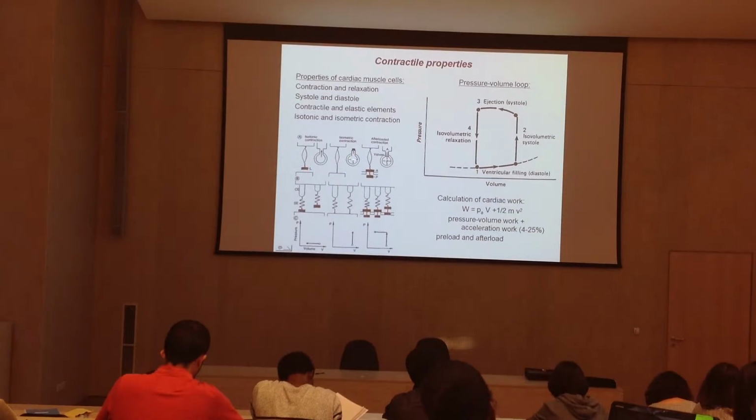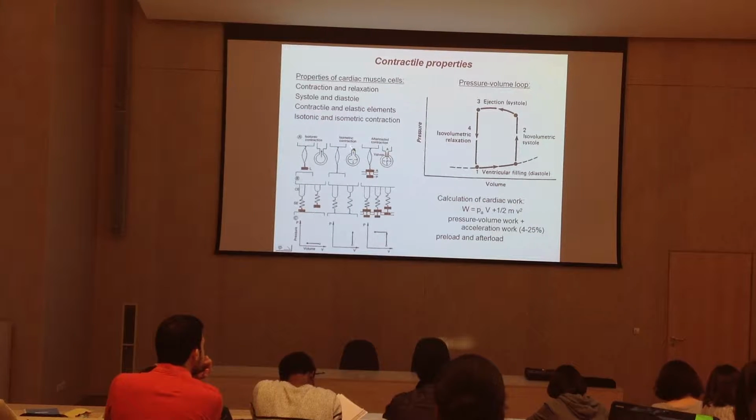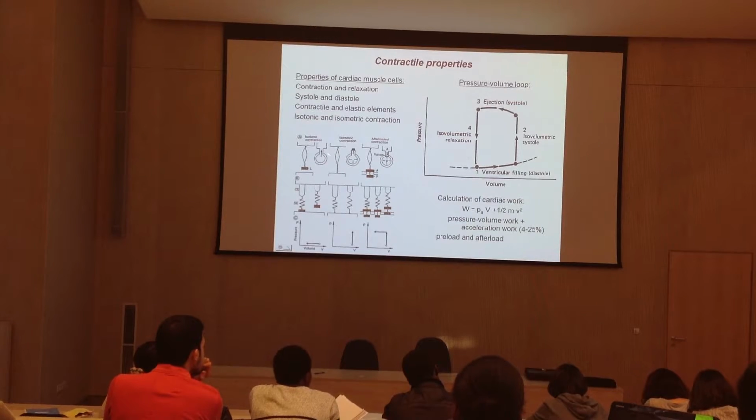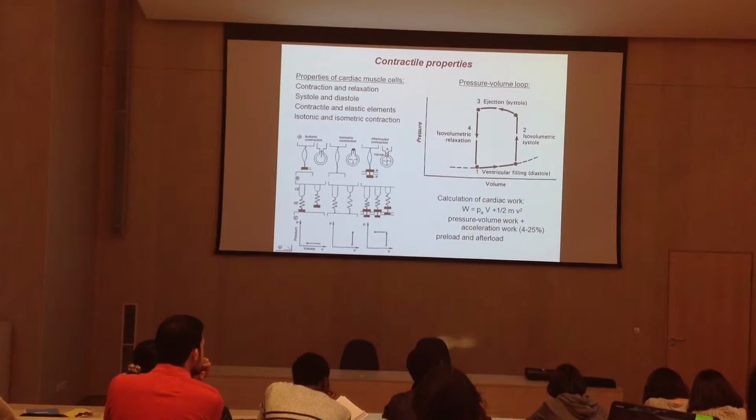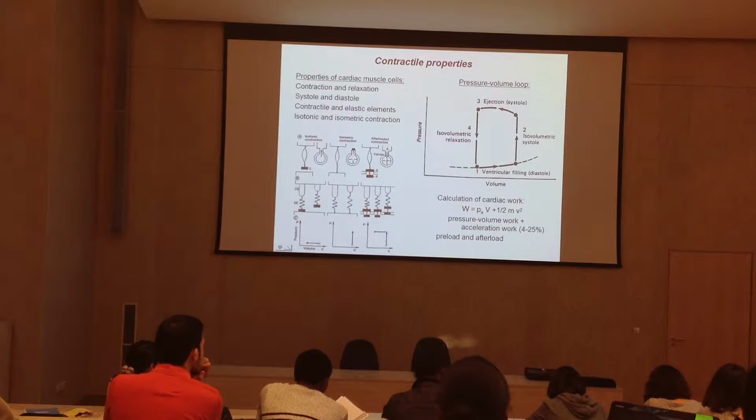How does it work in the case of a ventricle? For the isometric contraction or isometric systole, we have to suppose that at the output in the aorta there is an infinite resistance, a very high resistance. Therefore, the blood cannot flow out, cannot leave the ventricle, but the intraventricular pressure will be higher and higher.